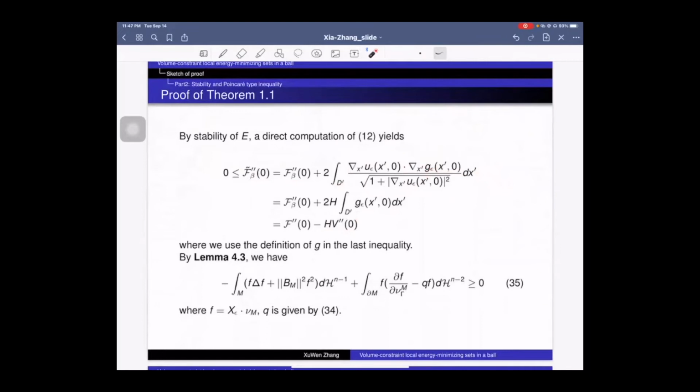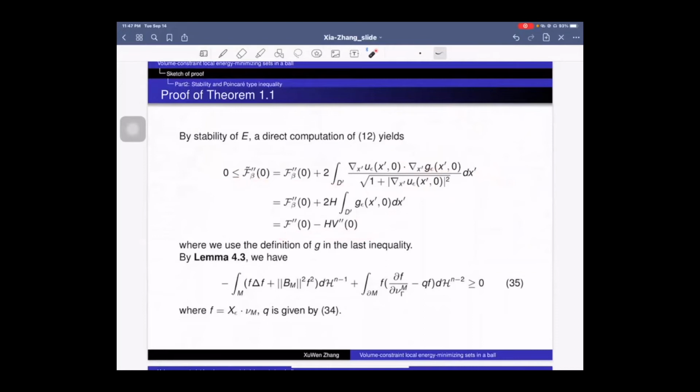And since E is a stable set, which means that the second derivative of the free energy among the admissible volume preserving variations is non-negative, we have this inequality.